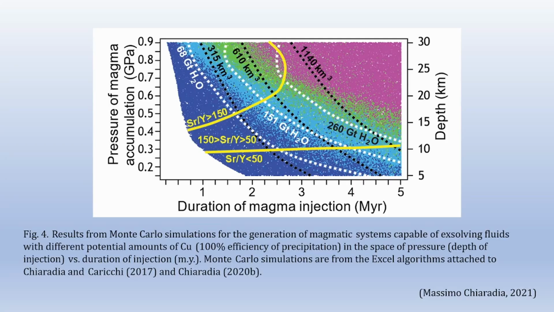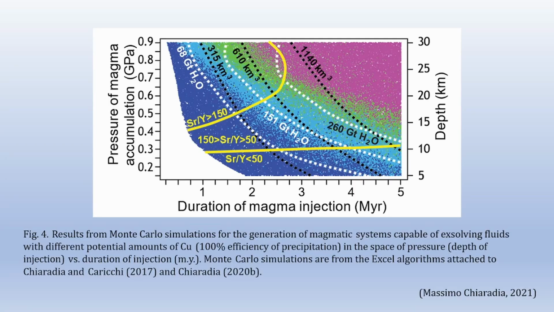We have fertility of magma using Sr/Y ratios in red and yellow lines, and here again we have a sweet spot around 13 kilometer depth or 0.4 gigapascal pressure.